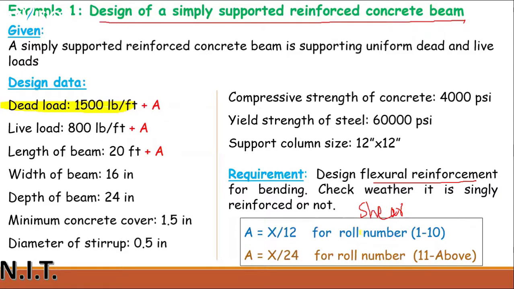There are very different students available. The students whose ID number is from 1 to 10 have to divide their ID number by 12, using the last two integers. Remember that, the last two integers. Okay, for example, Mr. Bell, what is your ID number?